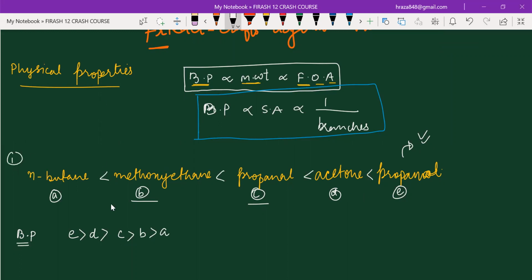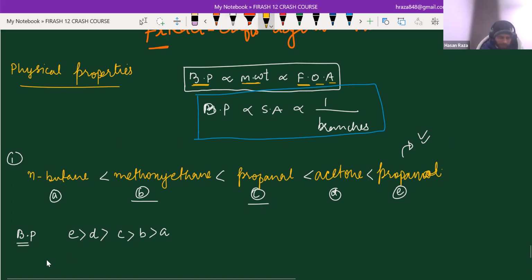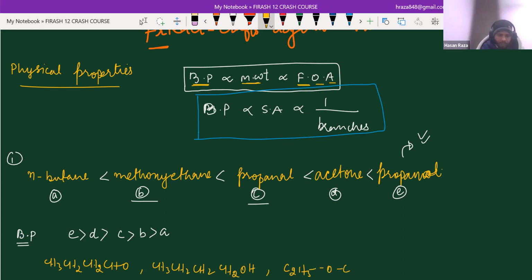If I'm going to give you a question on this, can I change the slide? Okay, just write it, and then I'm going to write CH3, CH2, CH2, CHO, which is butanal. Then comes your CH3, CH2, CH2, CH2, which is butanol. Then comes your C2H5, O, C2H5, which is ethoxyethane.